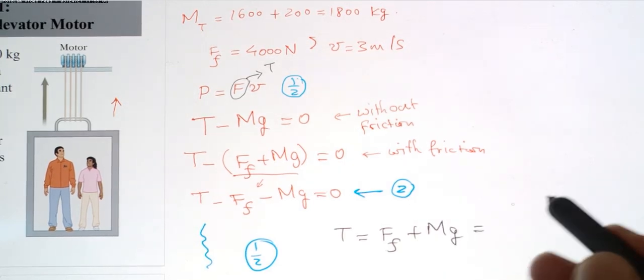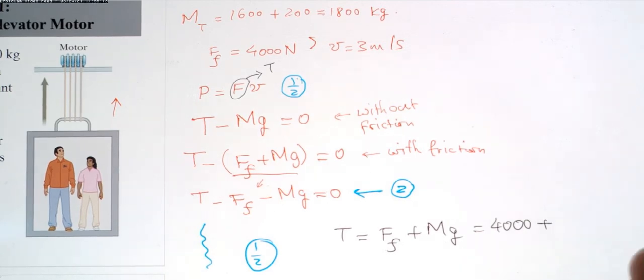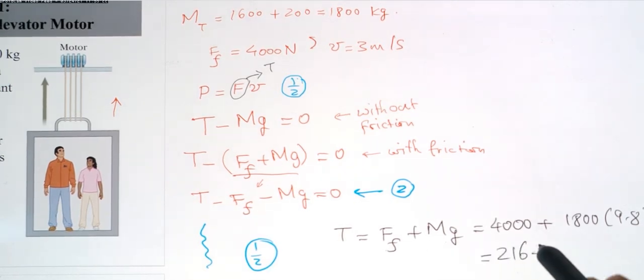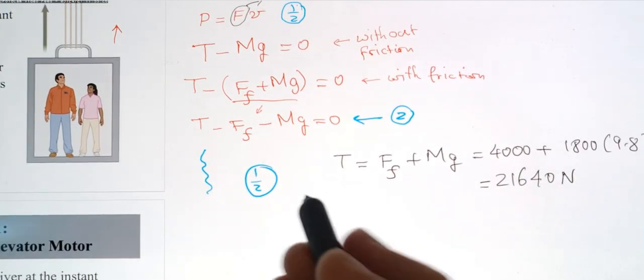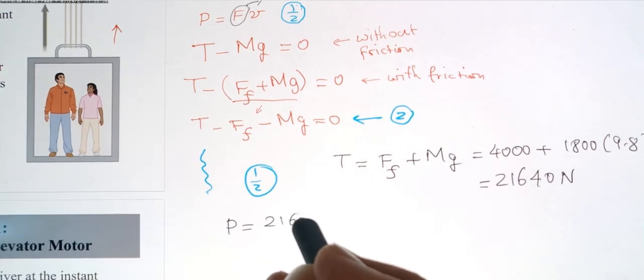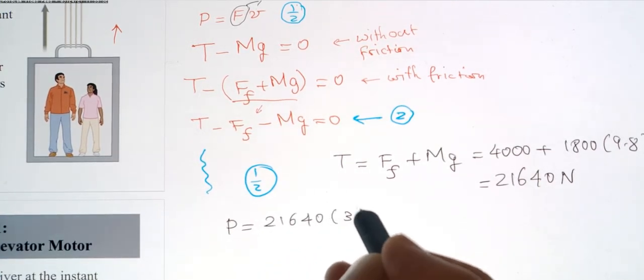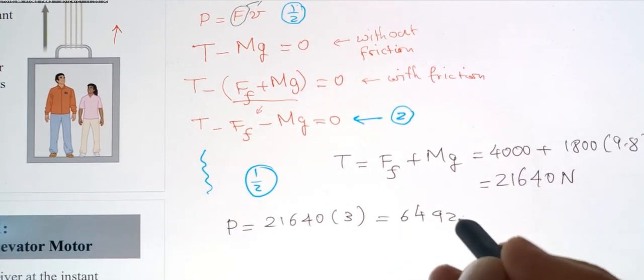The force of friction is 4000 plus 800 multiplied by 9.8. So our total tension is 21,640 Newton. Now we put it in our equation: 21,640 multiplied by 3. So it will be 64,920 watts.